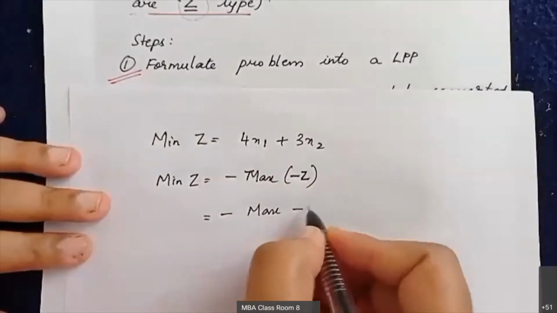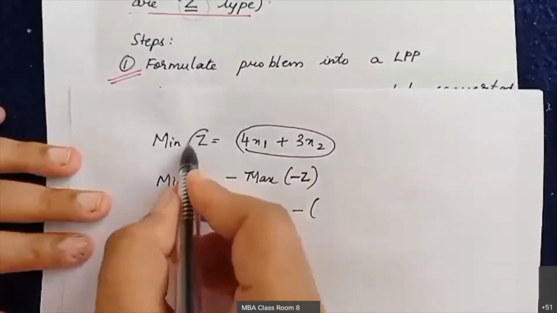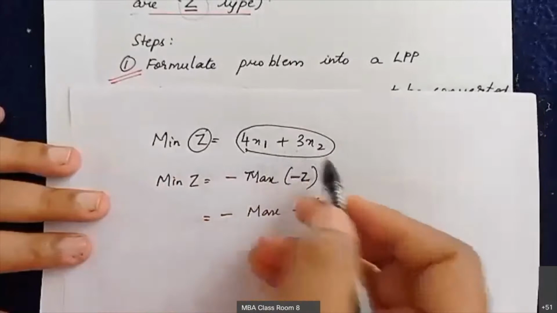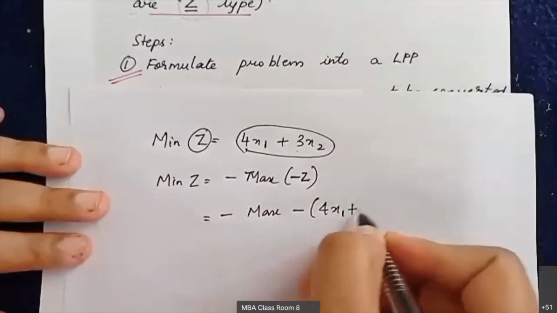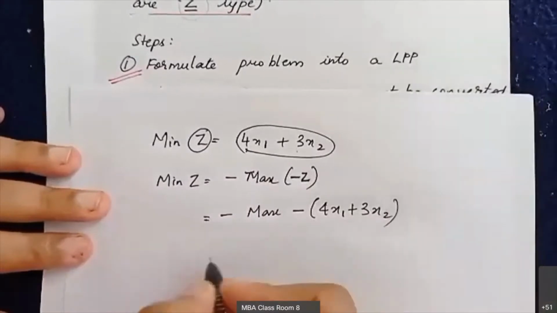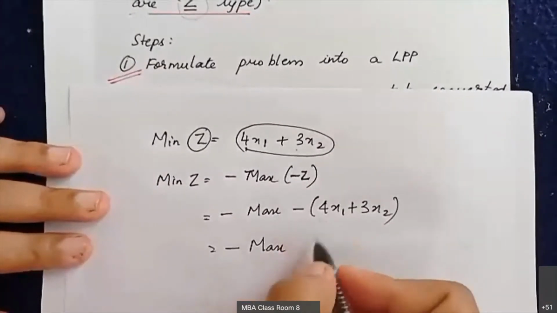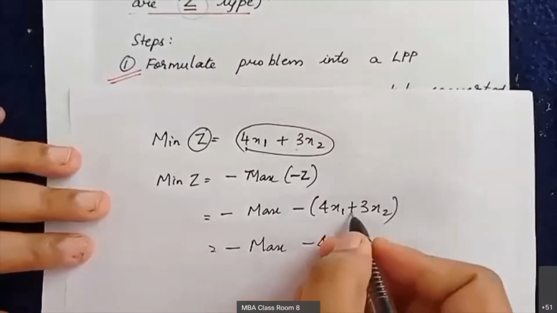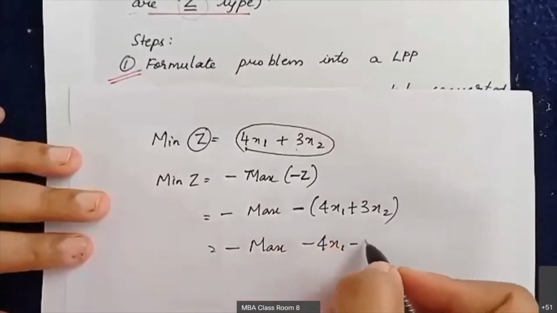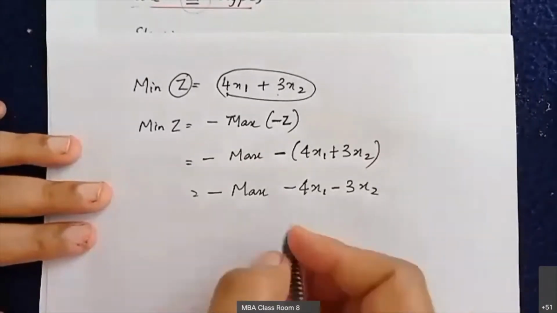Minus of, which is the z value? This is the z, right? Z over here is 4x1 plus 3x2. So I am multiplying minus of 4x1 plus 3x2, which is equal to minus of max. I'm taking the minus inside, so it becomes 4x1 minus 3x2.